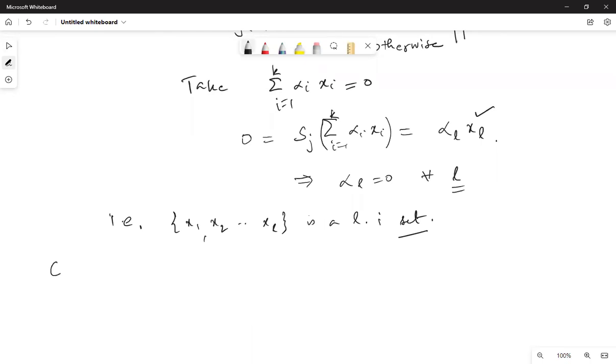Now an immediate corollary comes here. If this k matches with the dimension of V, then what is the character of T? It will be diagonalizable.